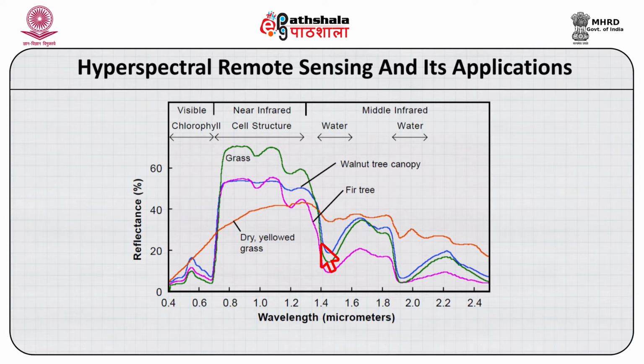But the moment you go right of this 1.4, say in the region 1.6 to 1.8, again we have separability between the dry yellow grass, the grasses, and the fir tree and walnut tree canopy. So this clearly shows the separation of the different types of vegetation in a particular part of the earth's surface, which, I reiterate, has been possible by using hyperspectral data.